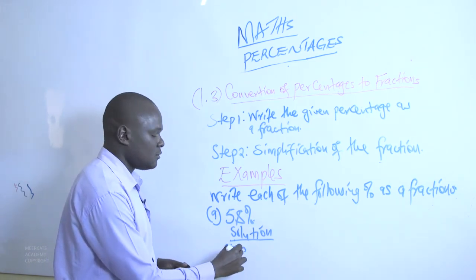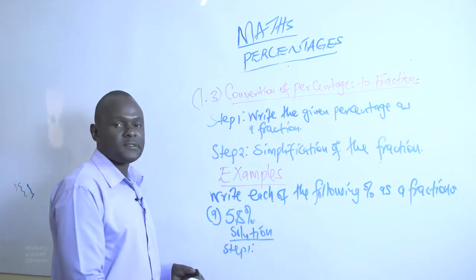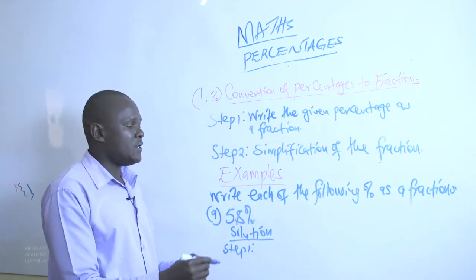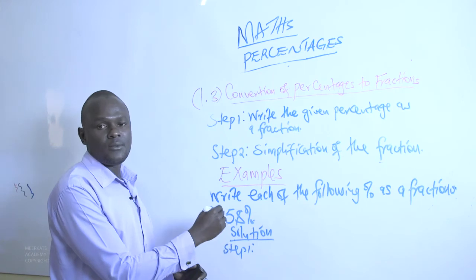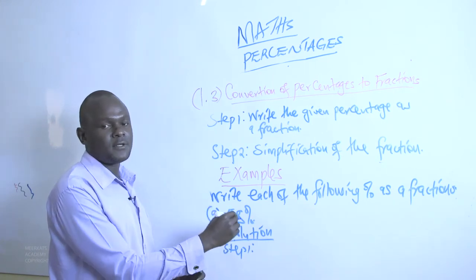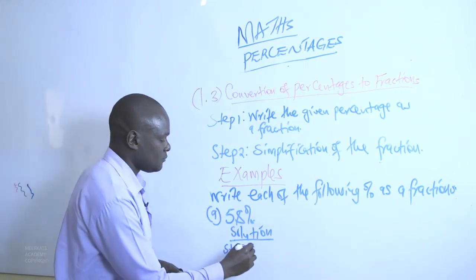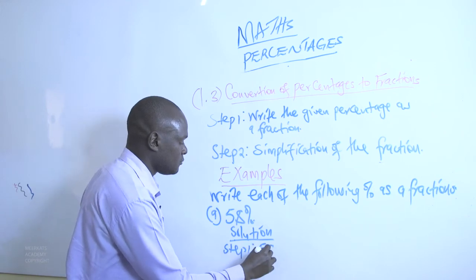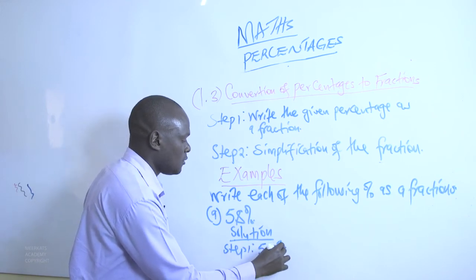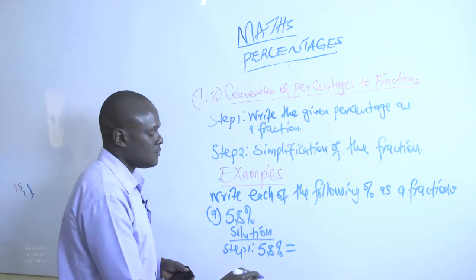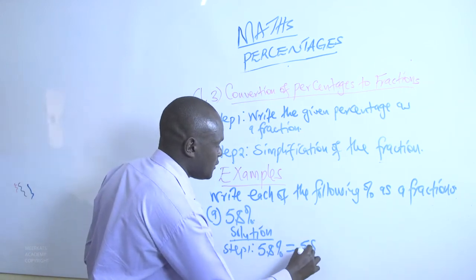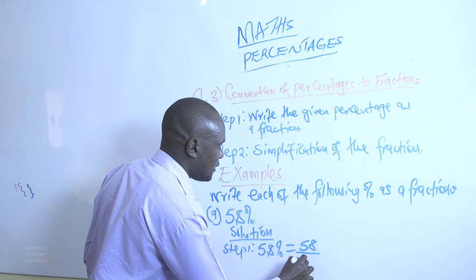We have said in the first step, we need to write this percentage as a fraction. And 58% is the same as 58 out of 100.